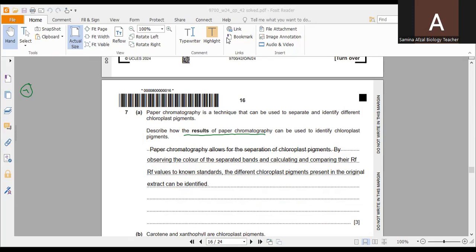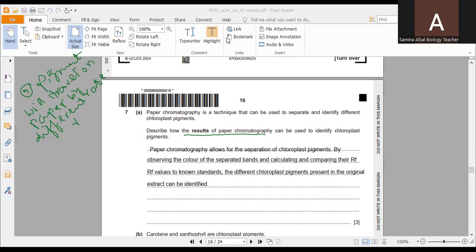Secondly, this will result in the separation of the pigments into different distinct color bands or spots on the paper.